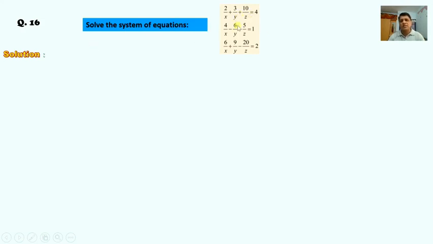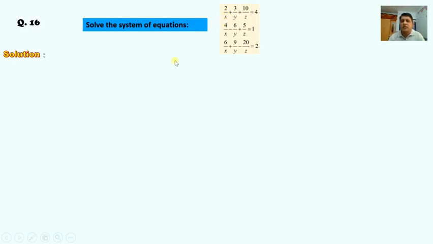If it is asked to solve it by matrix method, so we'll take that matrix A, matrix X, and matrix B. So matrix A will be the coefficients of variables. So what is this? 2, 3, 10, 4, minus 6, and 5, 6, 9, minus 20. This should be our matrix A. And matrix X, that is called the involvement of all the variables in the question.